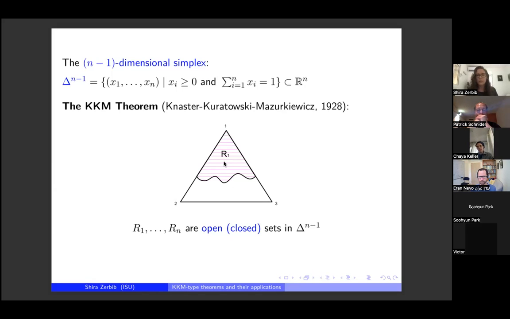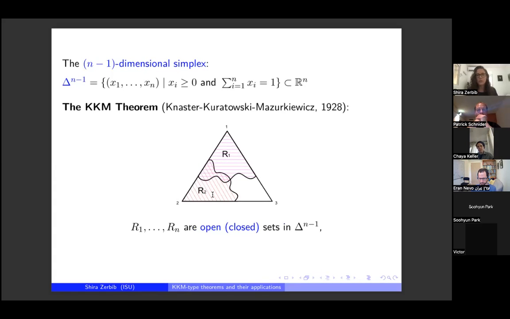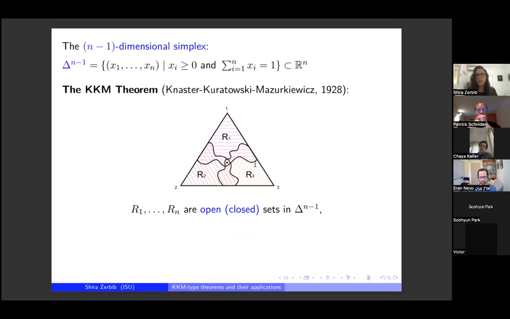Vertex 1 must be in the set R1. Vertex 2 must be in the set R2, and the edge 1,2 must be in the union of R1 and R2. And similarly, vertex 3 must be in R3, and the edge 1,3 should be in the union of R1 and R3, and so on and so forth.